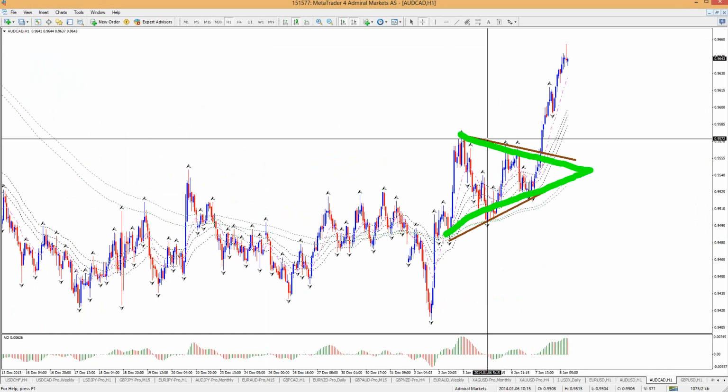And that was a good triangle. Classical triangle and continuation. Very nice chart pattern. Have to love those chart patterns. They really can help. And this was a classical one. Very nice.